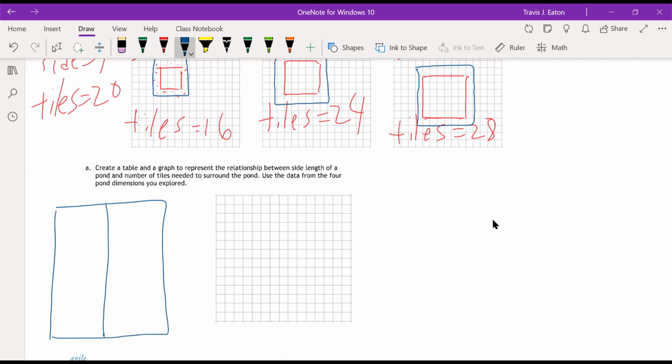So we'll create a table. Here's our X, here's our Y. So this will be the side length. And this will be the number of tiles. Okay, so X is always that axis here. This is our Y axis, okay? But let's do the table first.